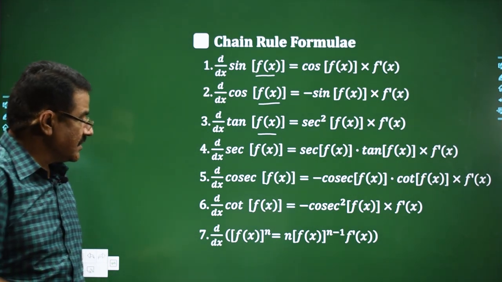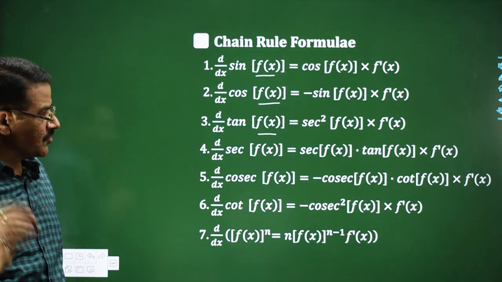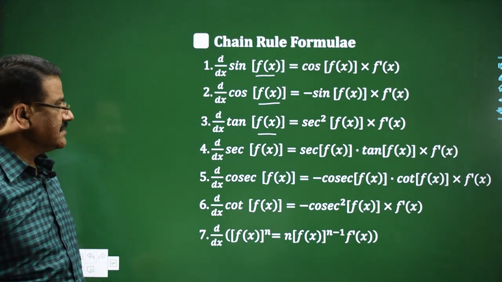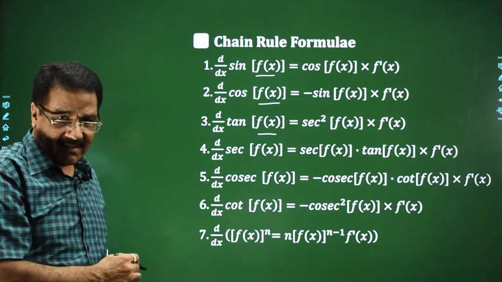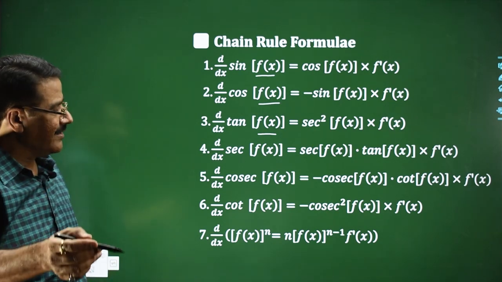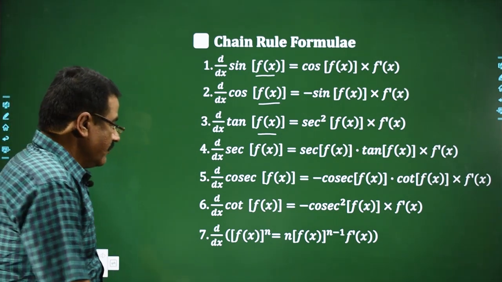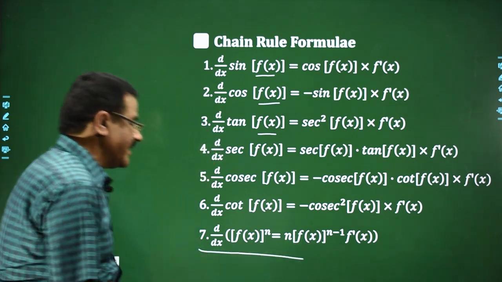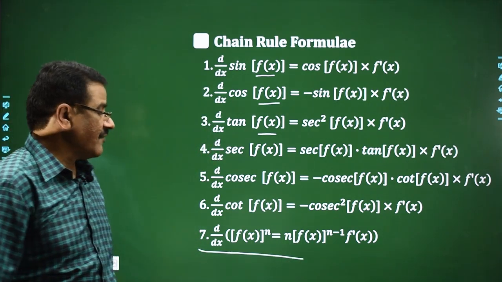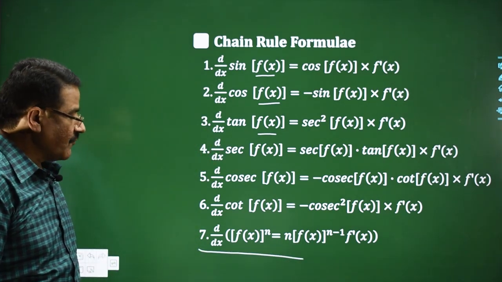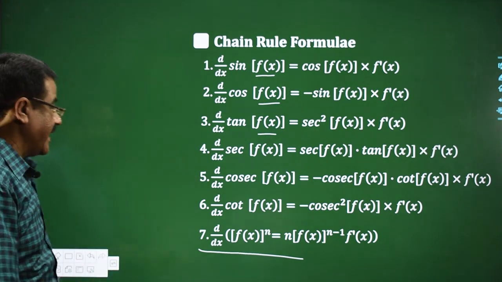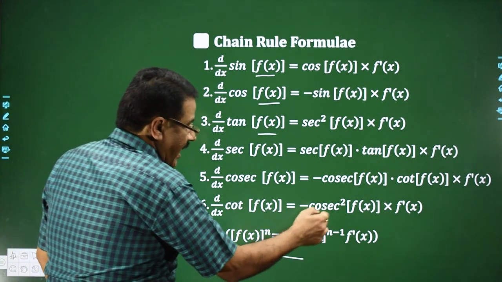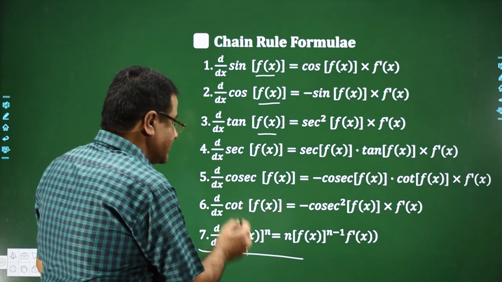These are the formulas that you are supposed to remember. You can understand this: the derivative of the outer term we have to take first, and then the derivative of the inner term. You can just concentrate on formula number 7, d by dx of x raised to n. First of all, we have to take the derivative of that bracket, and then the derivative of the term which is inside the bracket.